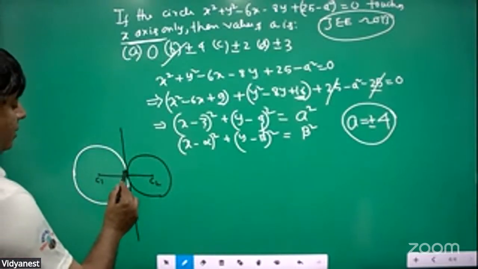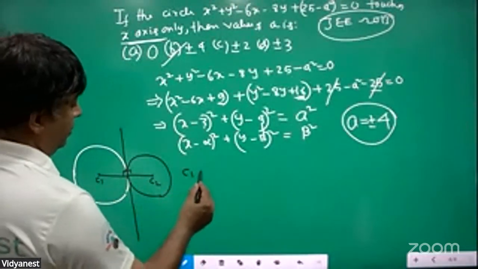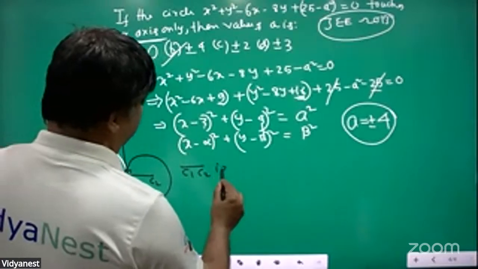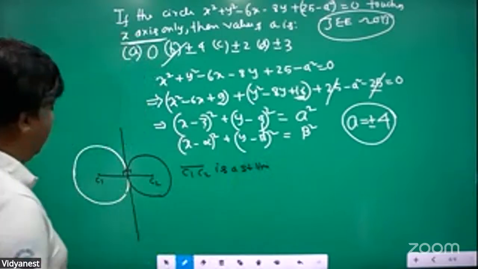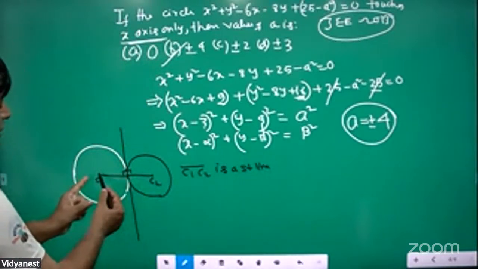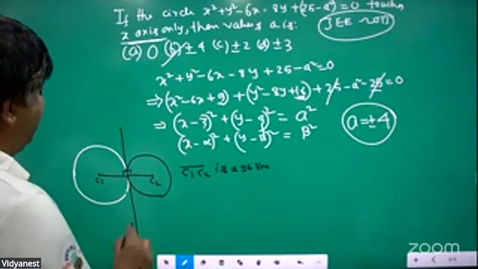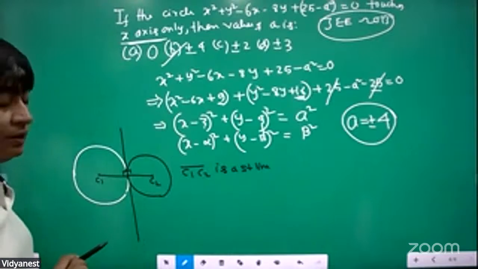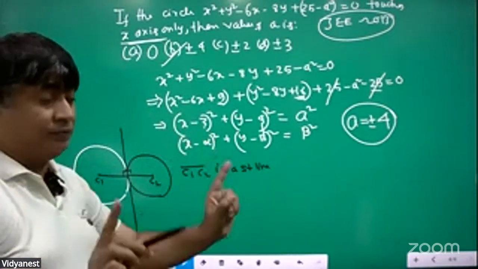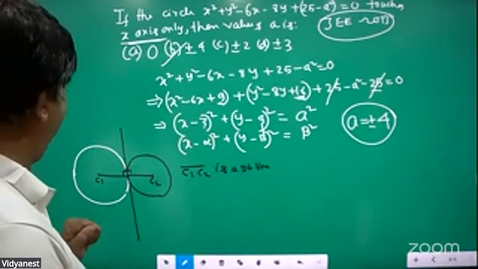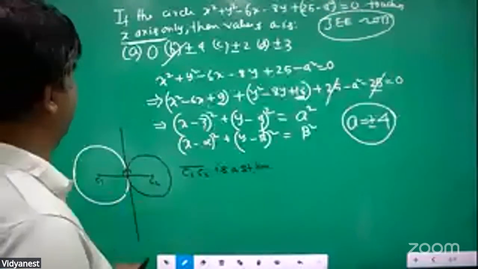So this is 90 degrees, this is 90 degrees. So C1C2 is a straight line. Once I am able to join the centers by one straight line, the figure depicts that the two circles touch each other externally. So what is this condition? These two circles are touching each other externally.